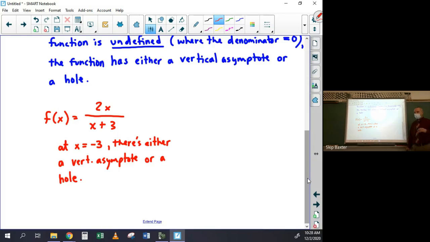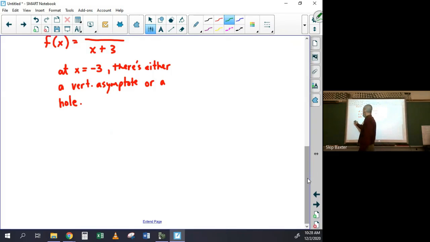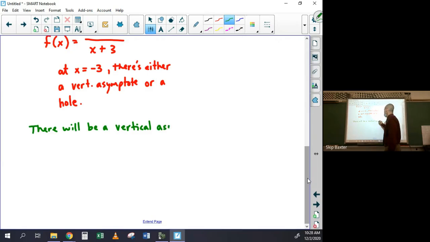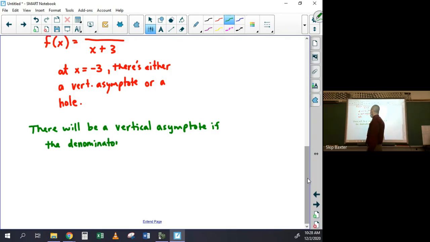So the question is, how can you tell when there is a vertical asymptote and when there's a hole? Here's how you can tell. There will be a vertical asymptote if the denominator equals 0 and the numerator does not equal 0.